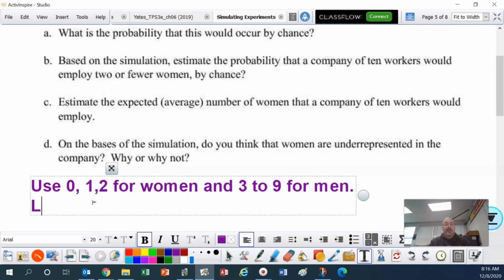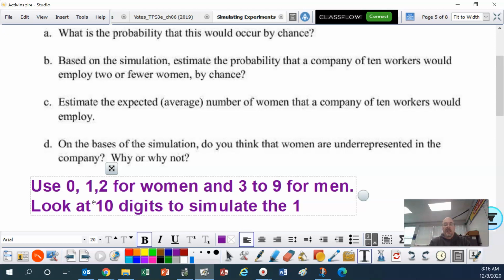And when I simulate this, I'm going to look at 10 digits to simulate the 10 workers. I do need to at least write that part down.